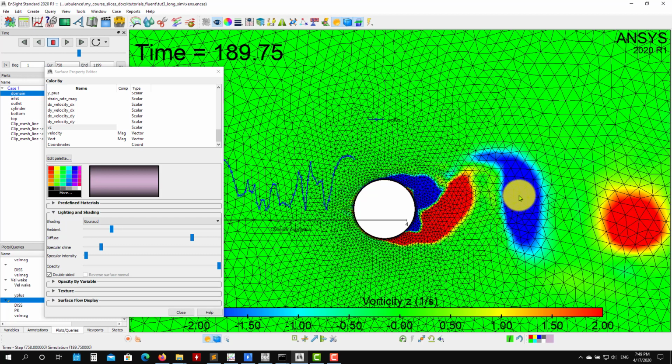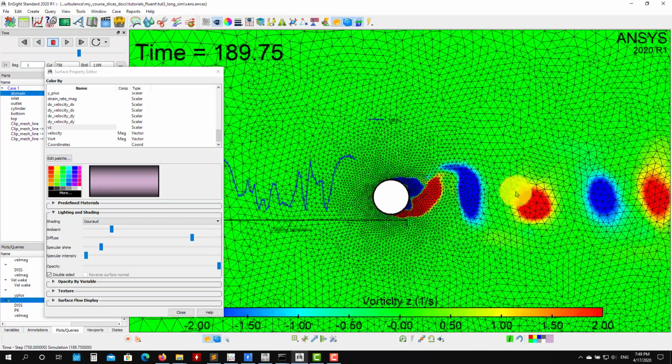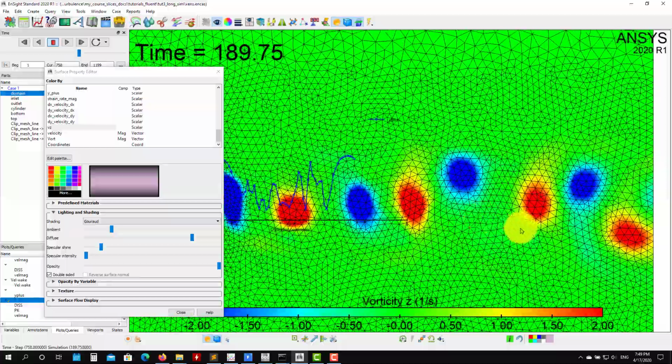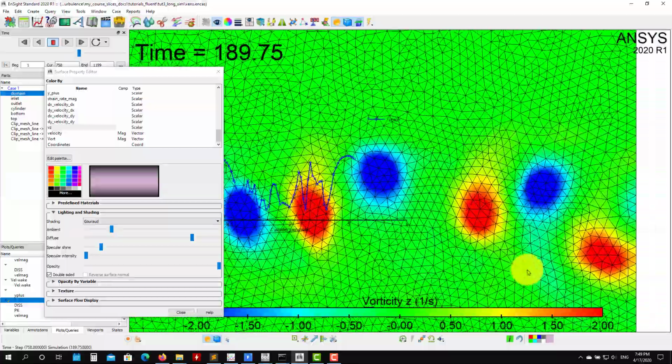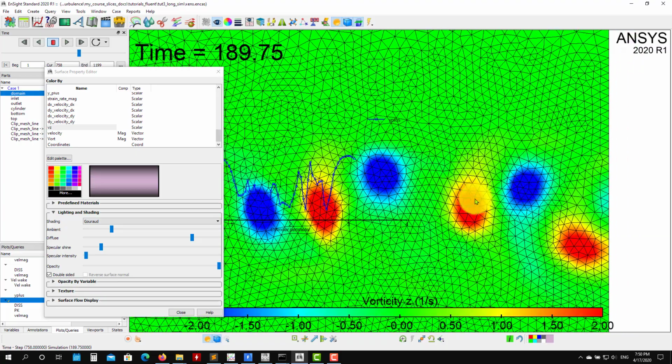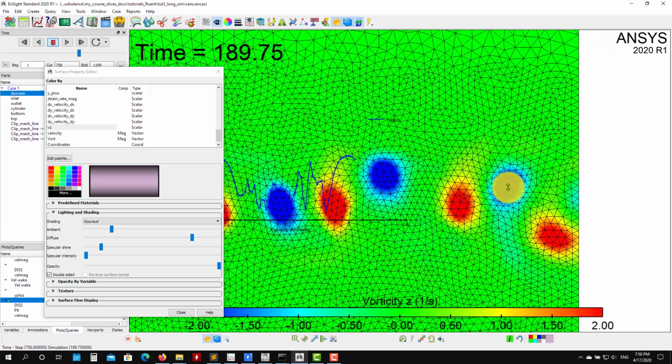And see that here we have about 5 cells. For the smallest vortices you need about 2 to resolve them, but for larger scales you need a minimum of 5. So this mesh is okay in the far field.